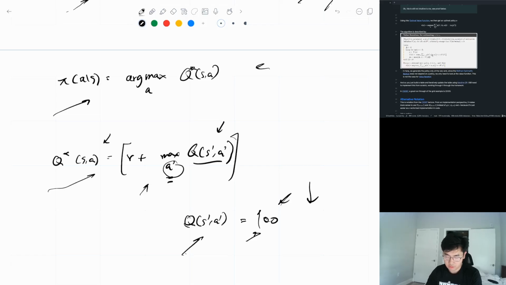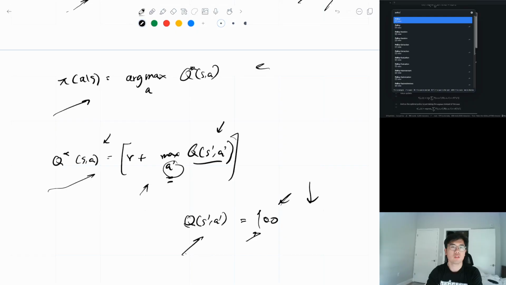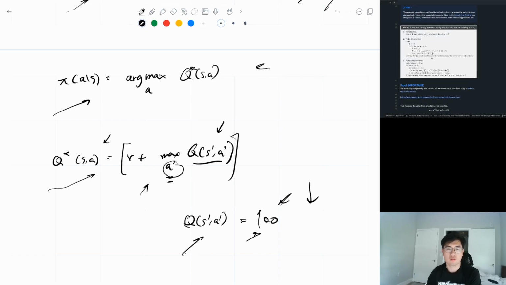In value iteration, that's essentially what you're doing. What about policy iteration? All right, so this is policy evaluation.